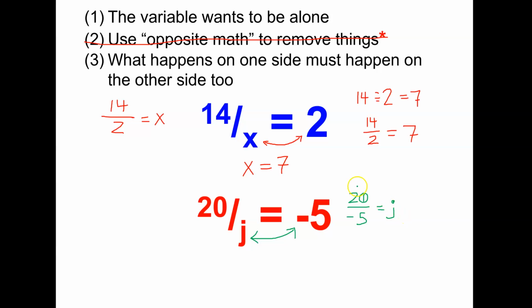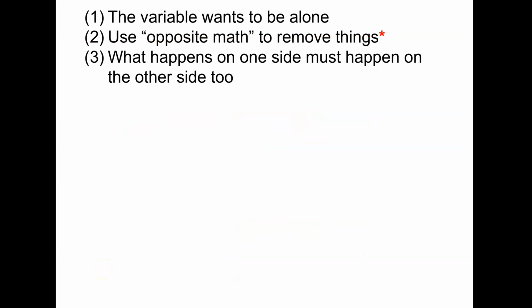And once we do that, simple division tells us that 20 divided by -5 gives us -4. We go back to our original problem and test out whether that's correct. 20 divided by -4 does indeed give us -5. If the variable is on the bottom, swap it with whatever is on the other side. 2 more examples. 100 divided by x equals 20.